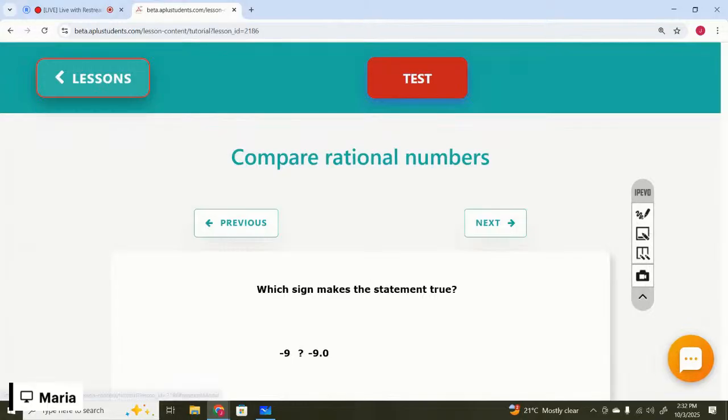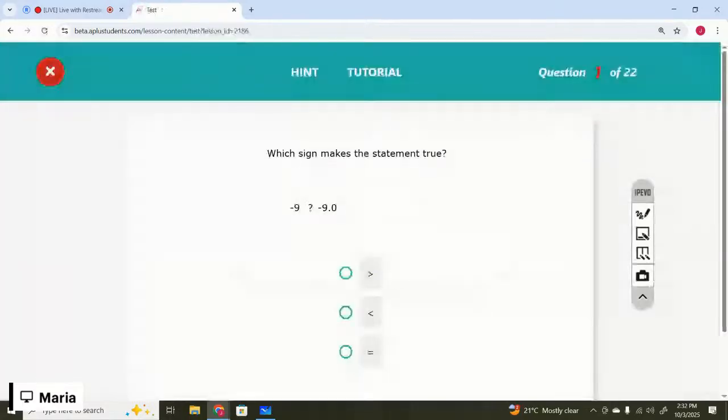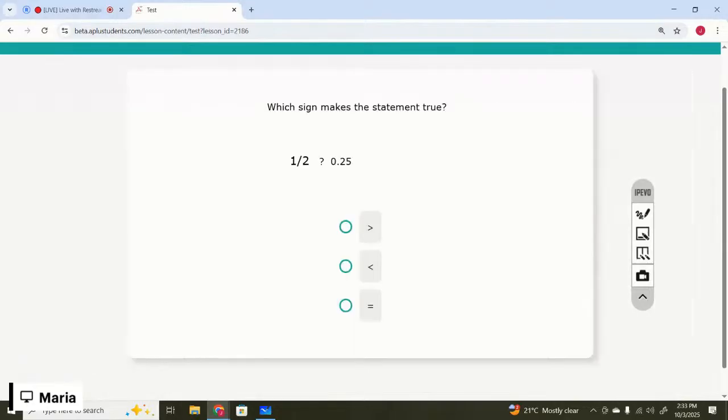Let's just start with the test questions. Which sign makes the statement true? Negative 9 is equal to negative 9. Option number 3 is the correct option.